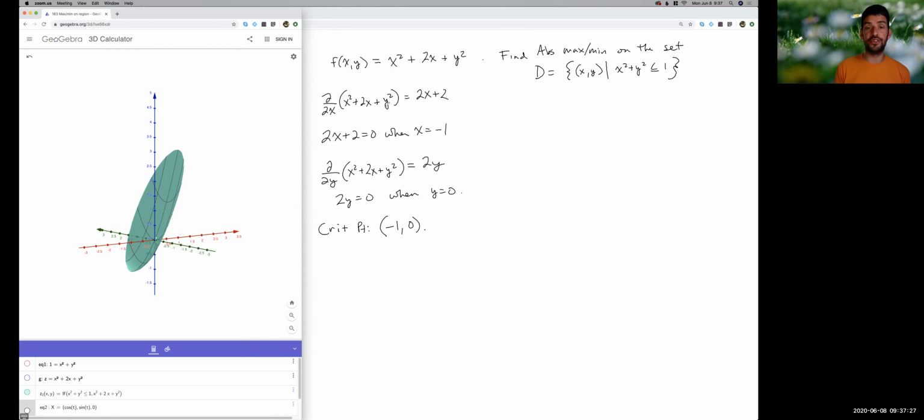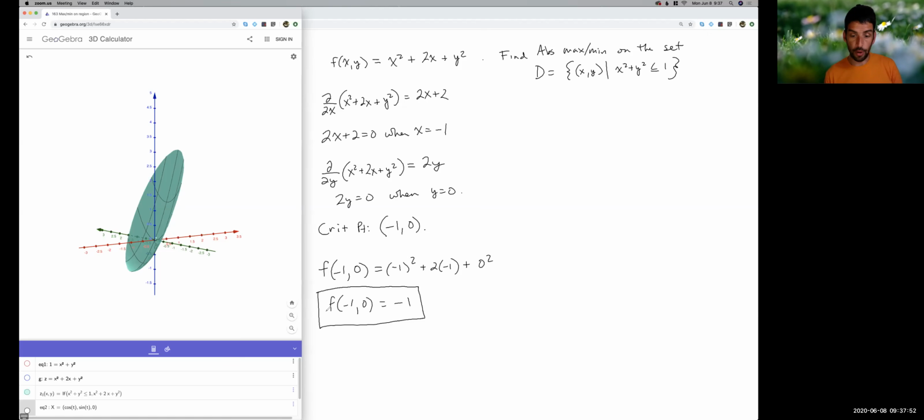So we don't need to do the second derivative test. All we have to do is evaluate the function at this point. So f of -1, 0 is equal to (-1) squared plus 2 times -1 plus 0 squared. So f of -1, 0, we get 1 minus 2, which is -1.